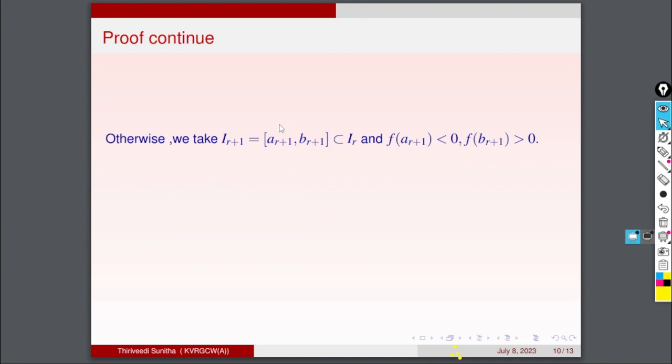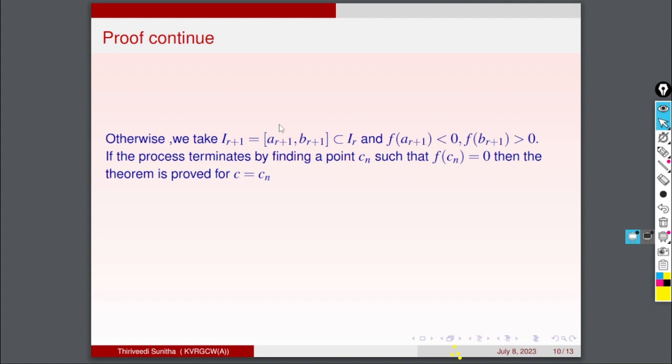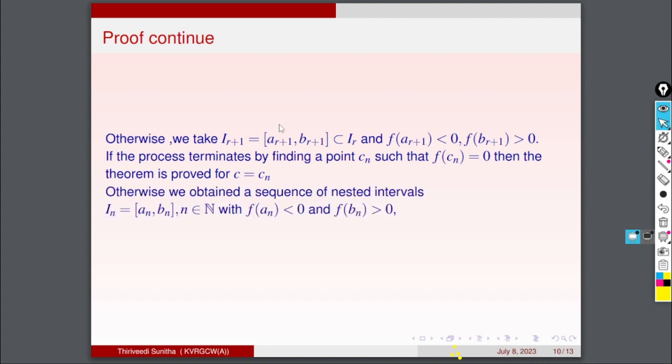Otherwise, we take the next interval I(r+1) = [a(r+1), b(r+1)], with f(a(r+1)) < 0 and f(b(r+1)) > 0. If the process terminates by finding a point cn such that f(cn) = 0, then the theorem is proved for c = cn.